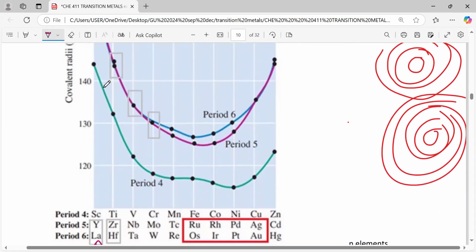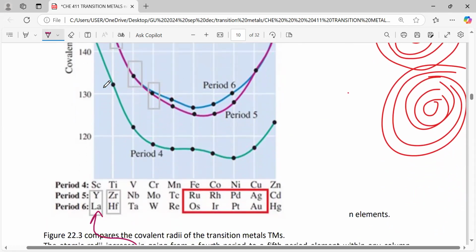So we can easily see that this lower number represents our scandium, then the next number represents our yttrium.